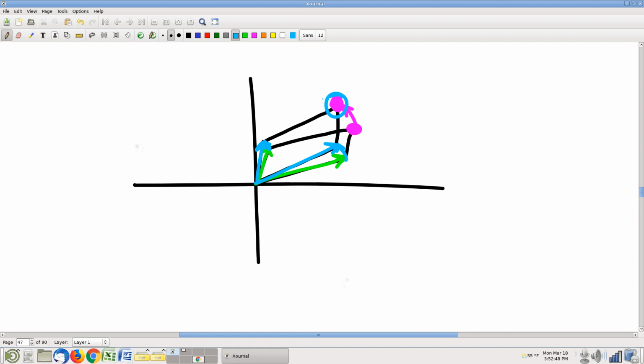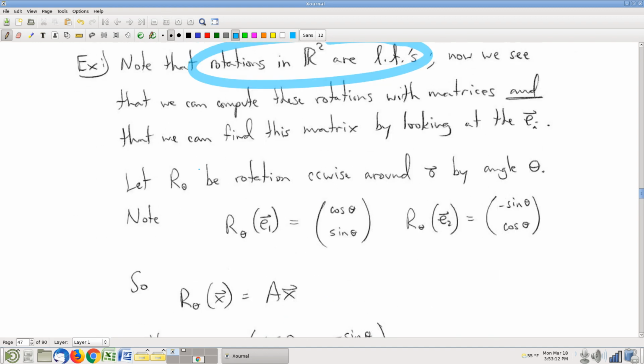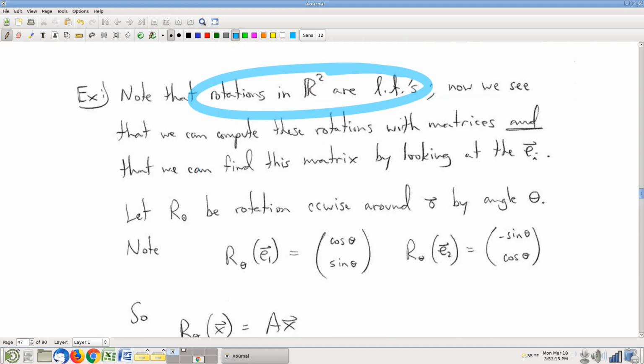You're just doing the addition on the rotated parallelogram instead of adding on the original parallelogram and rotating. But the geometry is the same in both cases. Does everybody see how this is pretty plausible if you think about it? Rotate the picture. So anyway, something to play with, but I claim that this works just fine, and so rotations are linear transformations.